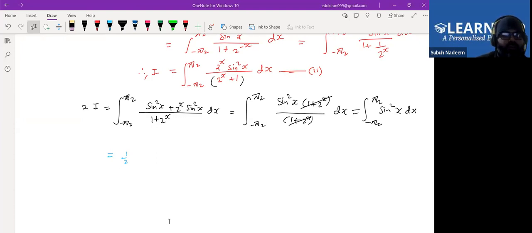So what you do, you divide by 2 and multiply by 2. So you get something like this. Or this will become 2 sine square x is 1 minus cos 2x dx, from minus pi by 2 to pi by 2.